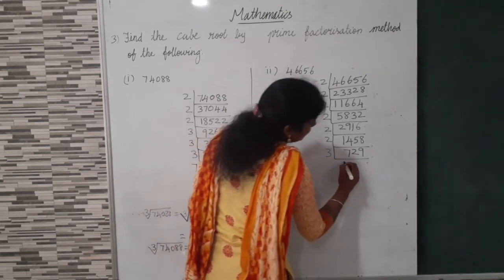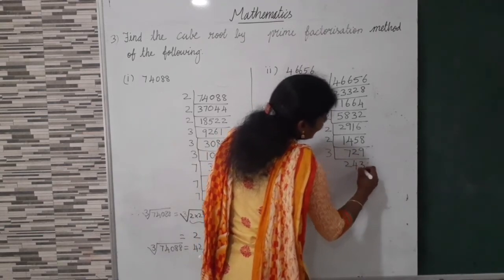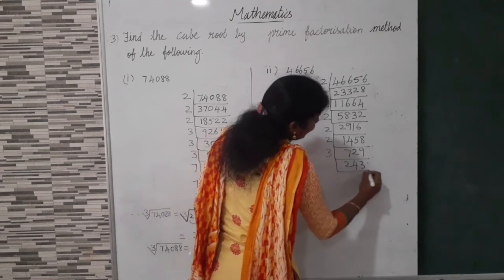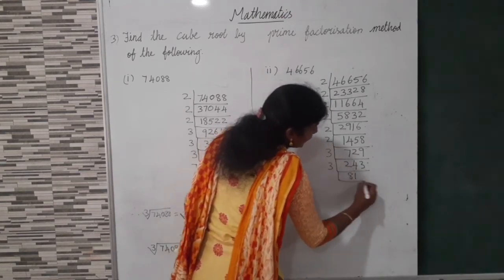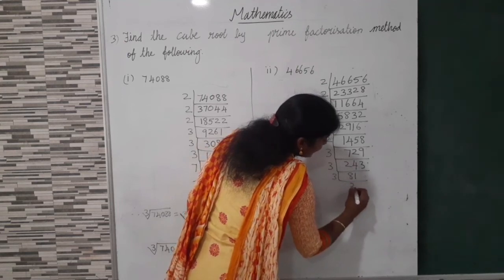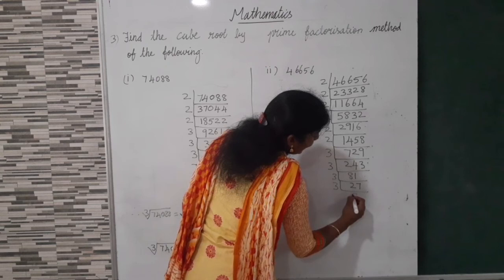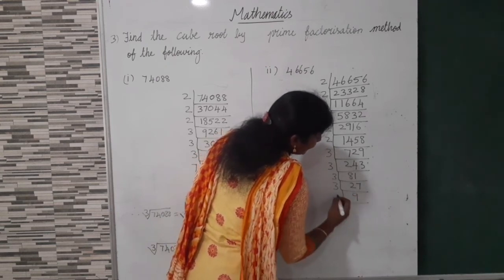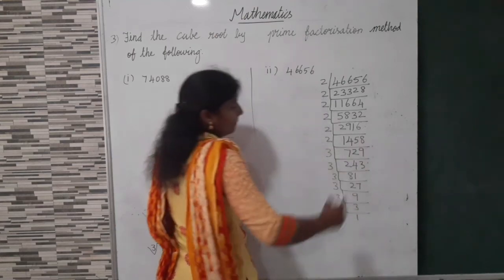3 table, 2 3s are 6, 4 3s are 12, 3 3s are 9. Then again 3 table, 8 3s are 24, 1 3 is 3, 3 table, 2 3s are 6, 7 3s are 27. 3 table, 9 3s are 27, 3 table, 3 3s are 9, 3 table 1.